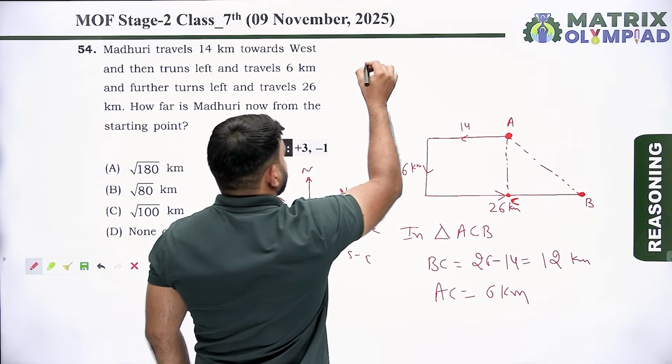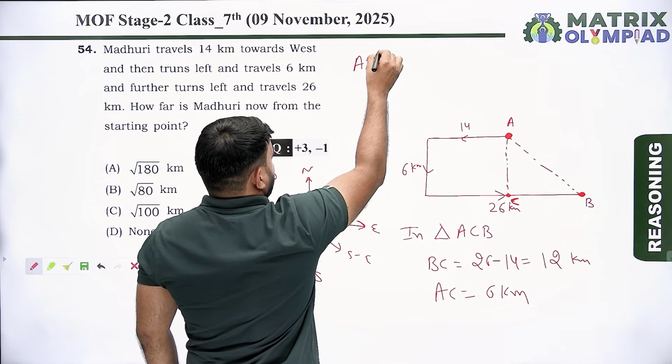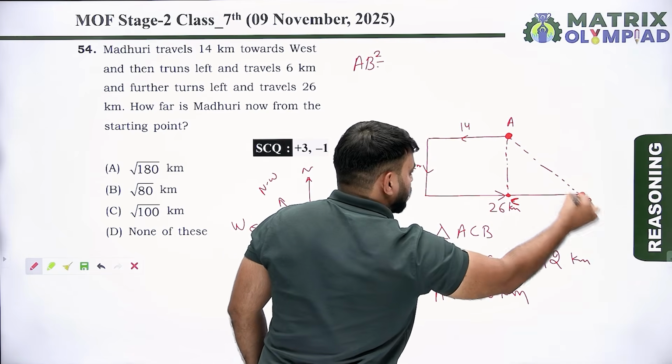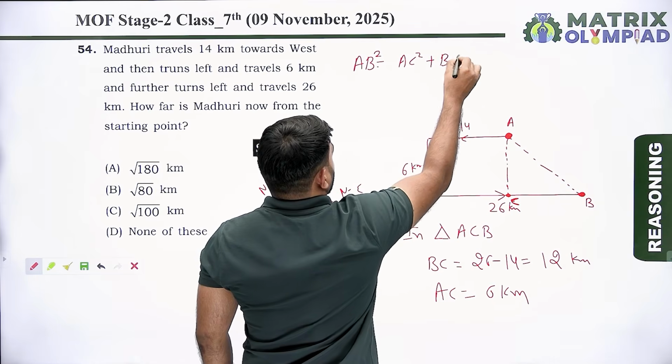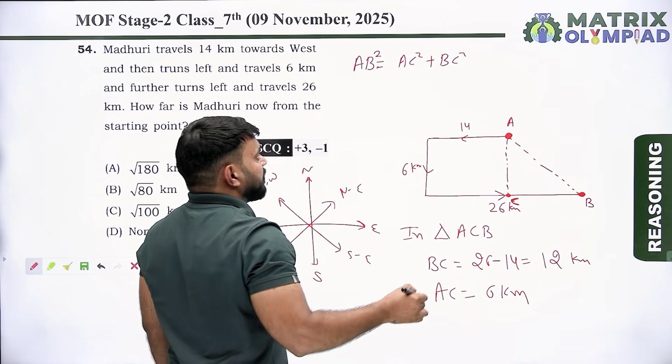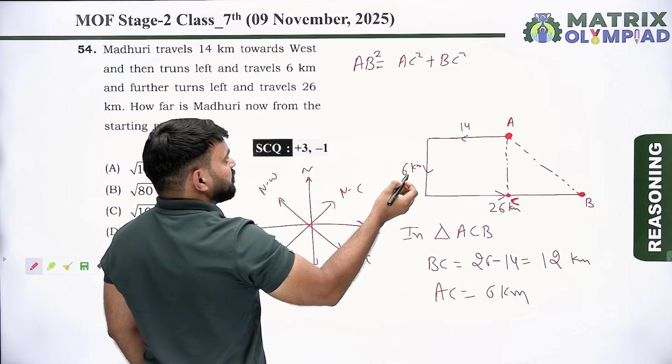Now using Pythagoras theorem, AB square is equal to AC square plus BC square.